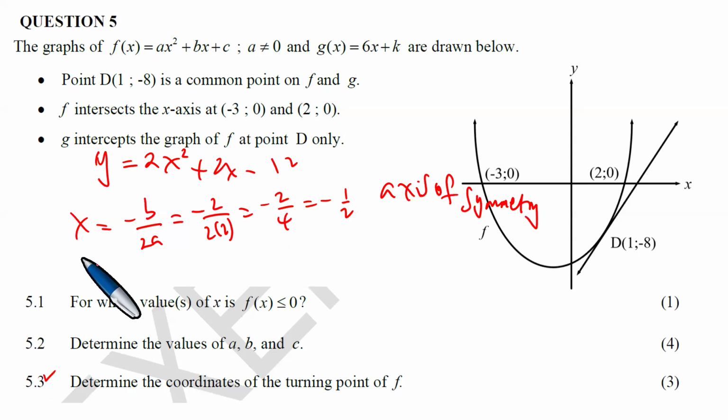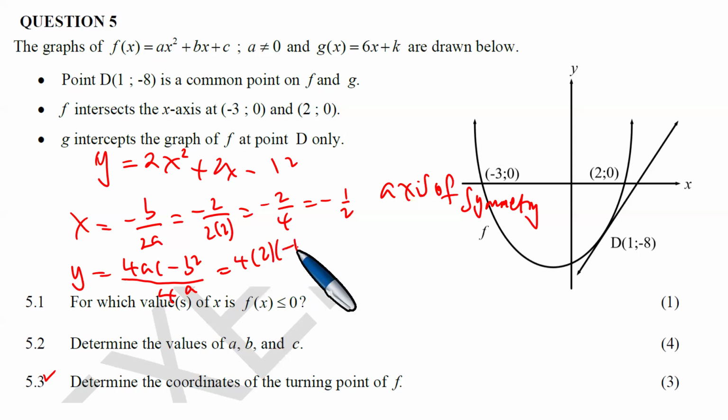Now the y formula is 4ac minus b squared all over 4a. Here a is 2, c is minus 12, and b is minus 2, squared over 4a. 4 times 2 is what?